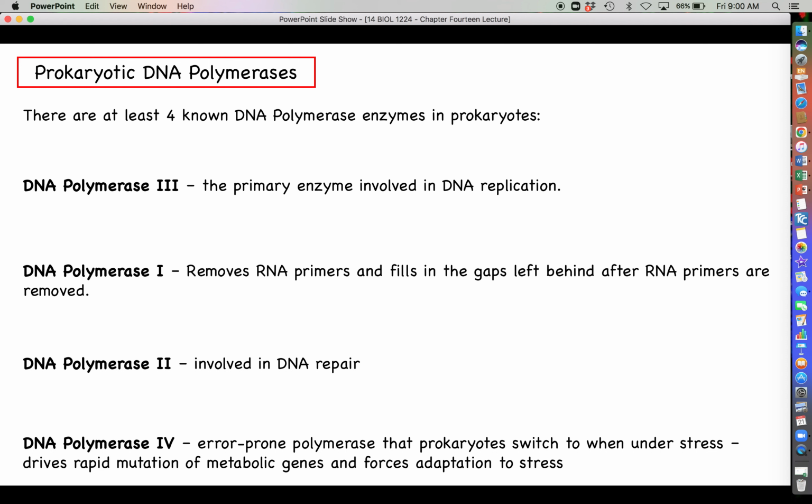And the idea is that we want to make lots of errors so that we increase the likelihood that we drive rapid mutation of important metabolic genes that might allow the bacterium to adapt to stress in a short amount of time. So if we change the nature of the information in the genes, then maybe some of those changes would actually be for the better, and maybe that would mean that we increase the likelihood that these cells would actually survive whatever is stressing them out.